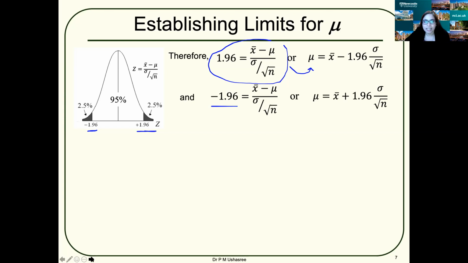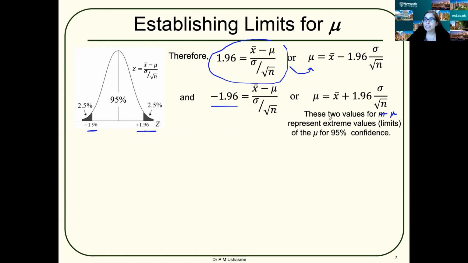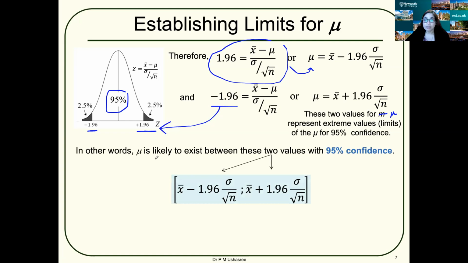These two values represent the limits for the population mean at 95% confidence, because the Z value used is for 95% confidence. In other words, mu is likely to lie between these two values with 95% confidence.